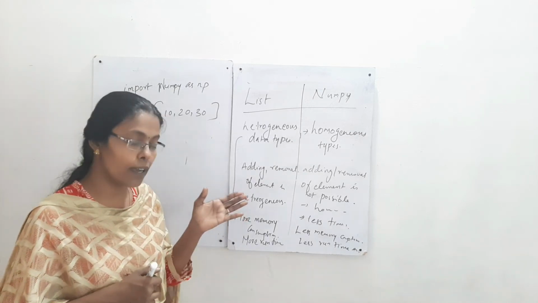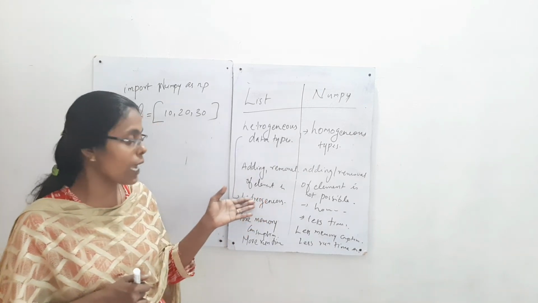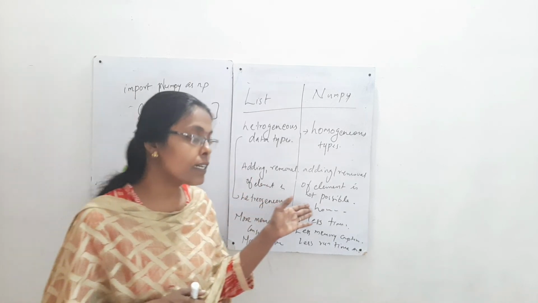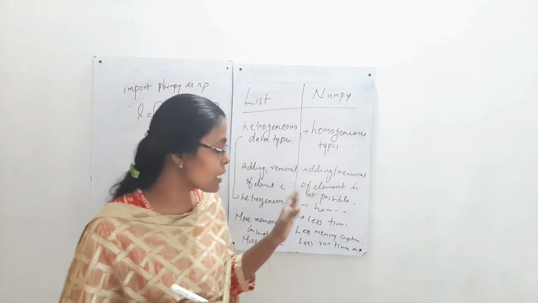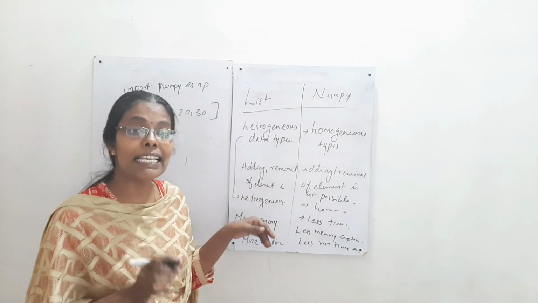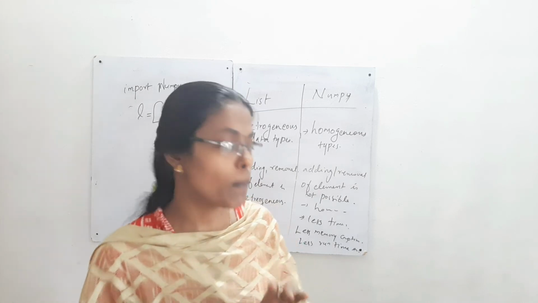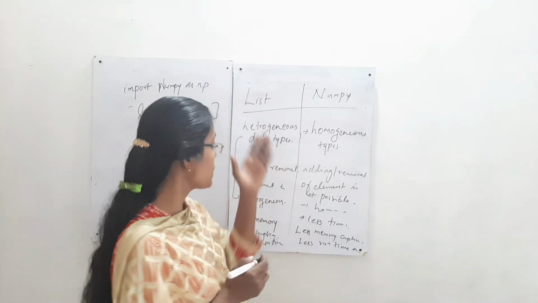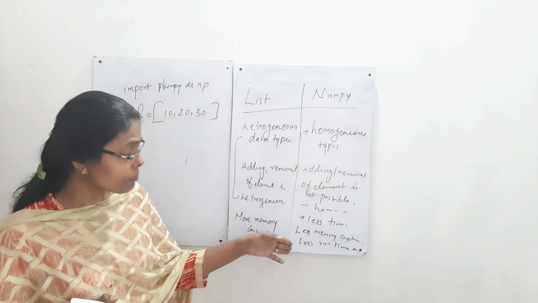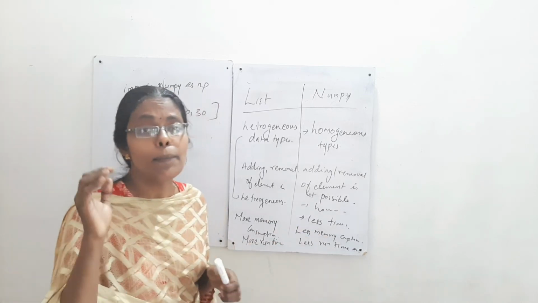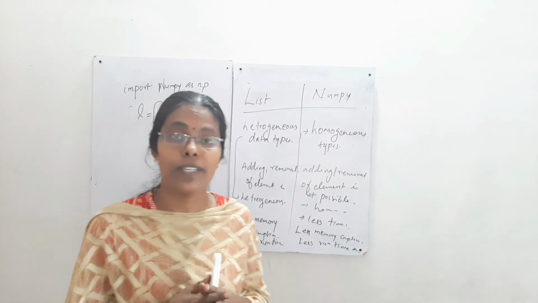Here only homogeneous type of elements is possible. And list takes more memory consumption and NumPy takes less memory consumption, and list takes more runtime, NumPy less runtime, because NumPy is handling homogeneous types.